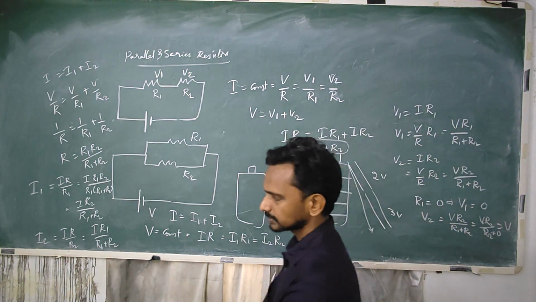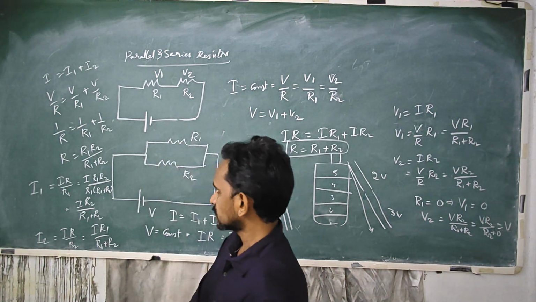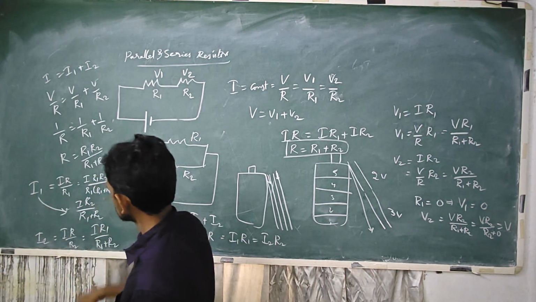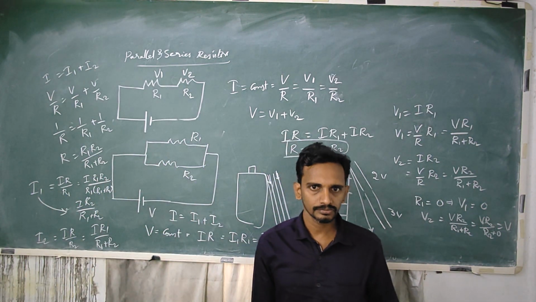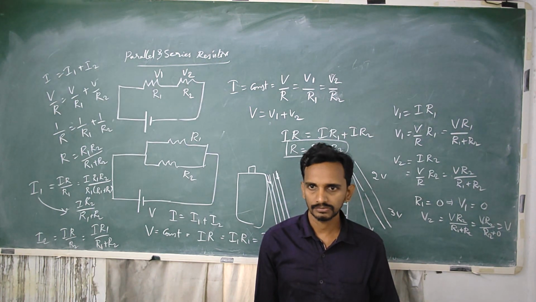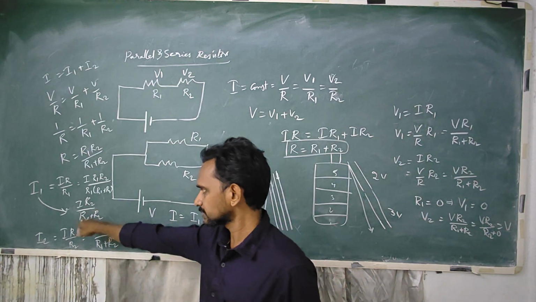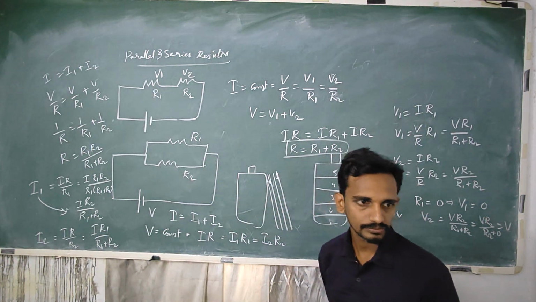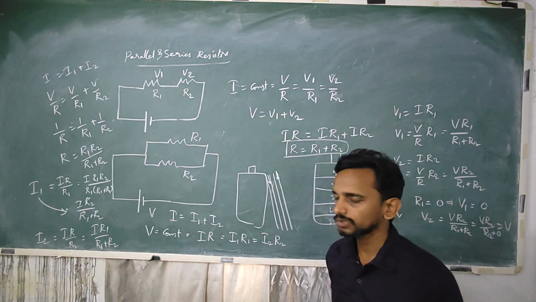So the current through R1 is depending on the value of R2. I mean, it also depends on R1, but it is majorly controlled by R2. The same way, I2 is proportional to R1.